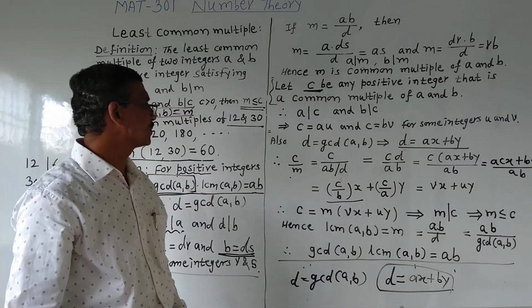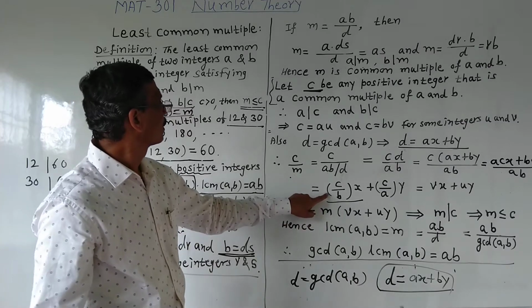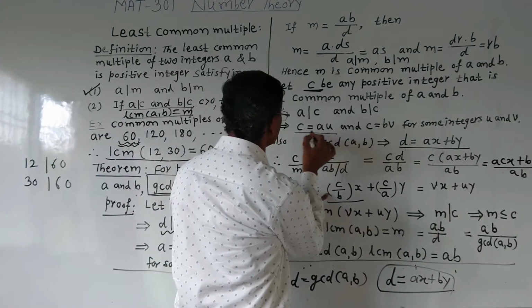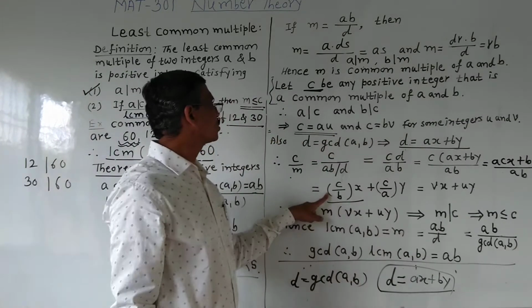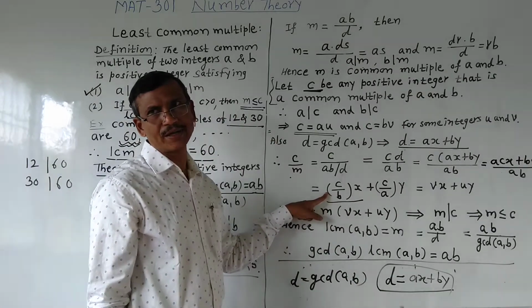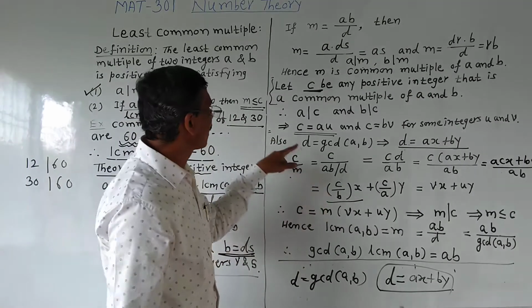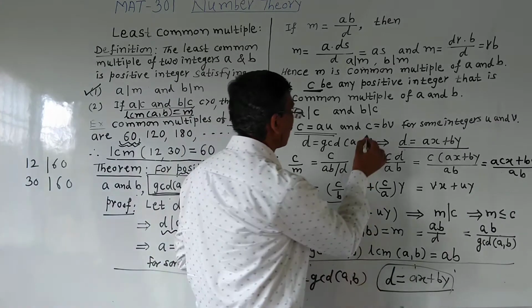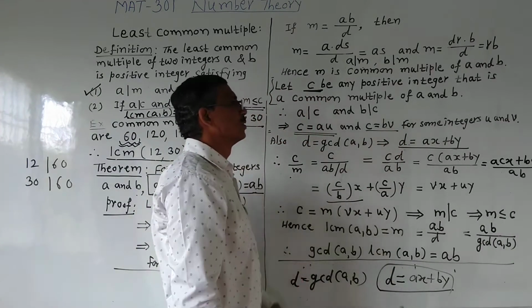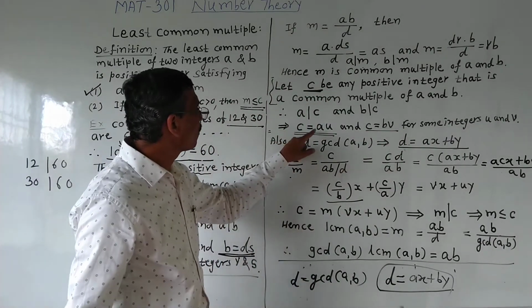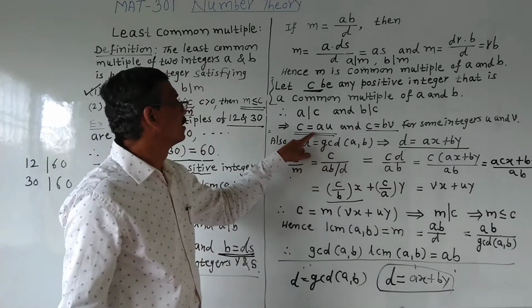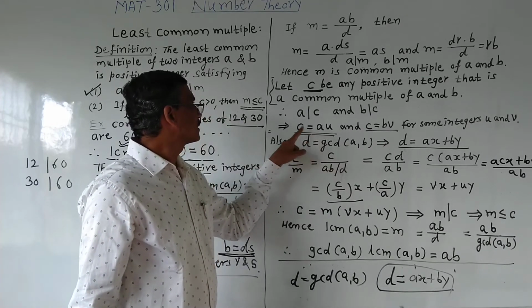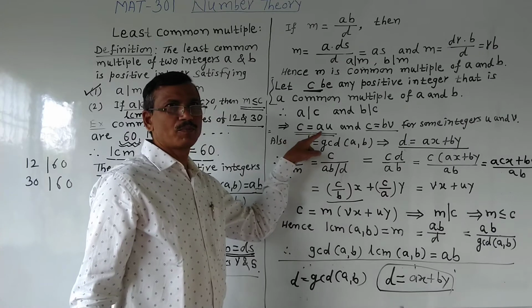But what is the value of c upon b? Come here, look at this one. C is equal to a into u. Therefore, again here, c is equal to b into v. From the first, c upon a, divide both sides by a.